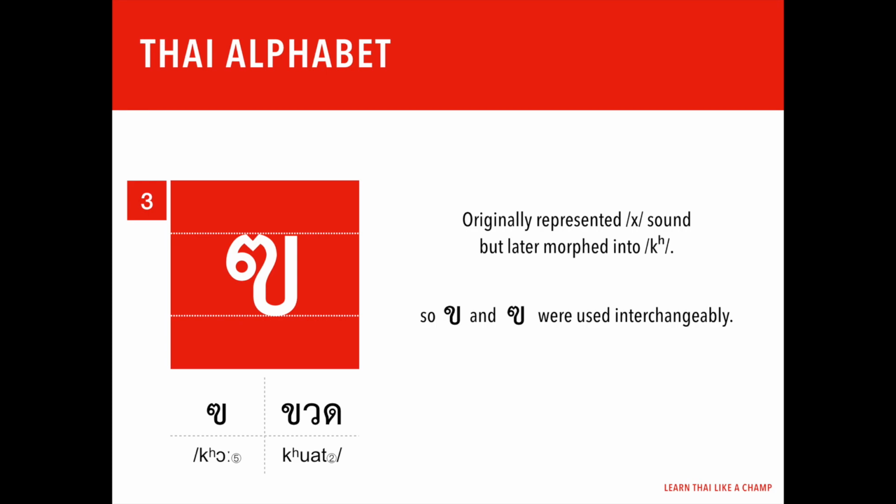Anyway, the sound kh morphed into the sound k, which is the sound of kho khai, and so a lot of the words were spelled interchangeably between kho khai and kho khuat.